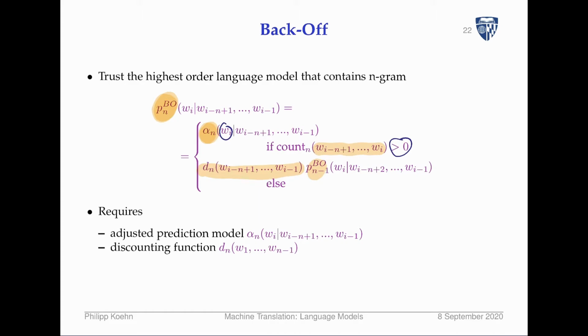We need to have an adjusted prediction model here, and we need to have a discounting function. So the adjusted prediction model might just be the vanilla maximum likelihood estimated model, but overall it's going to be discounted somehow. So we need to figure out some way to come up with this discounting value.